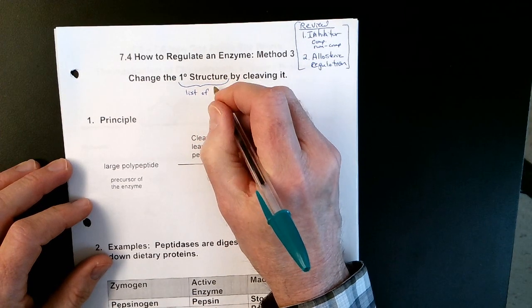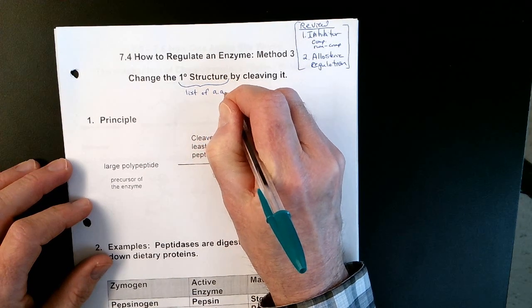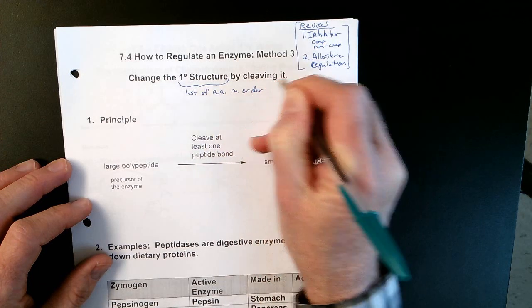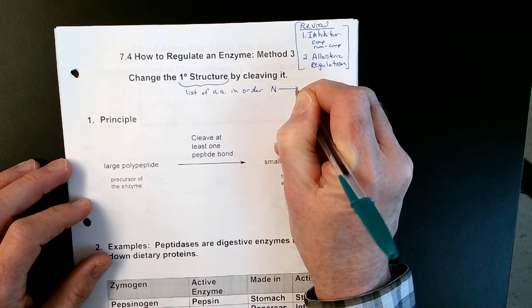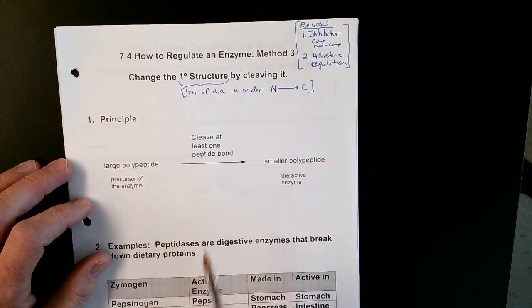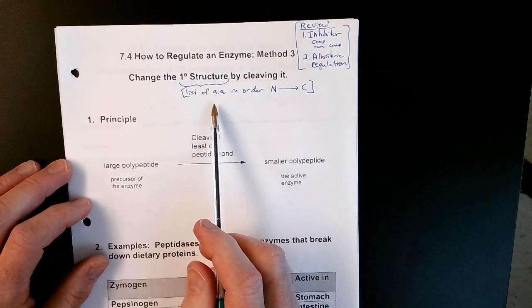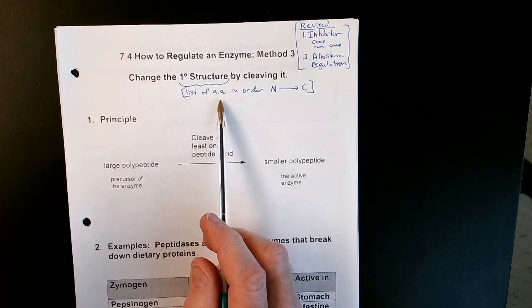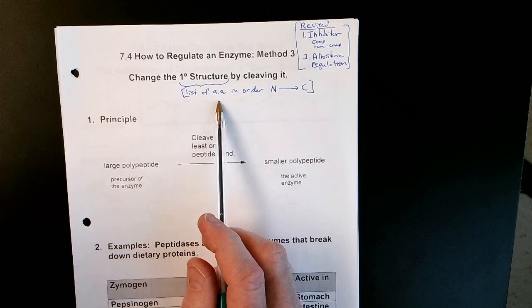It's a list of amino acids in order, and the order is, of course, nitrogen to carbon. That in itself is a little review.